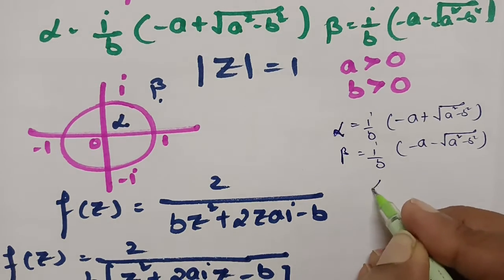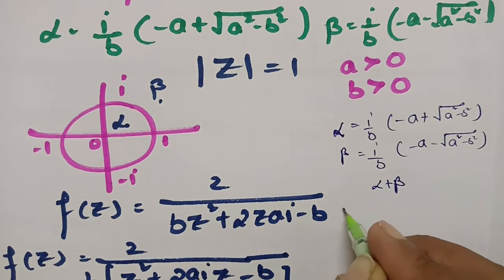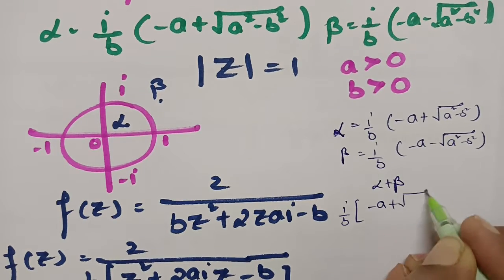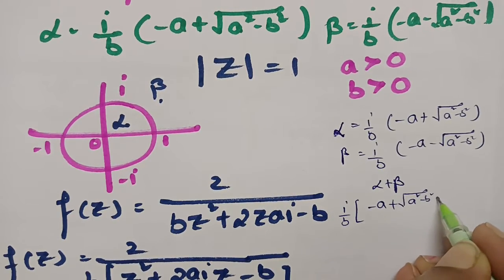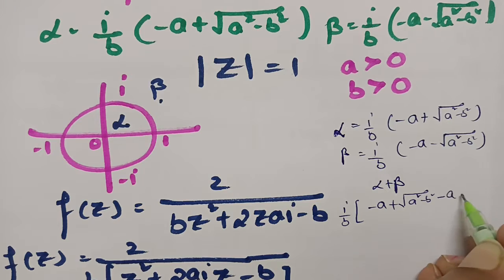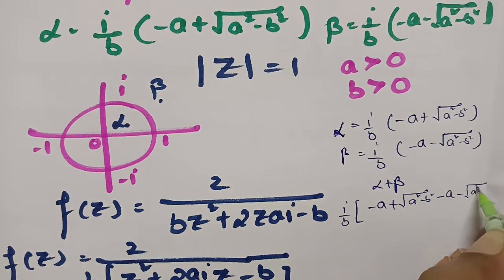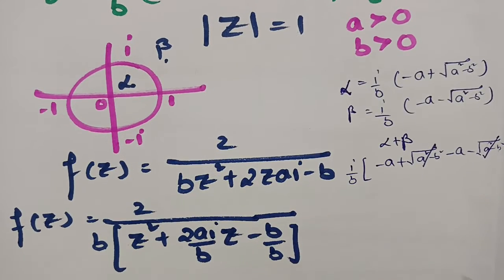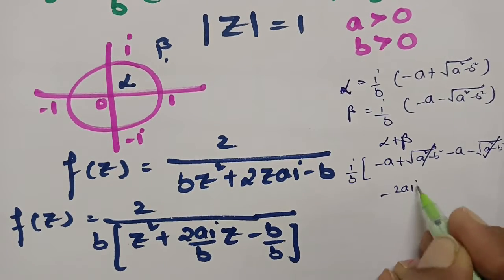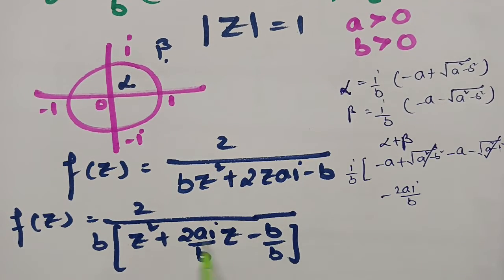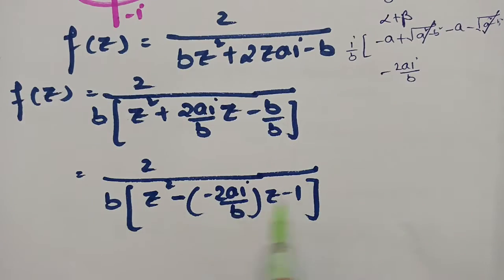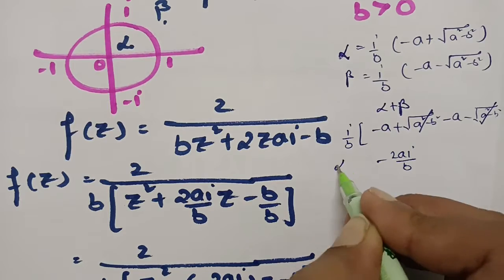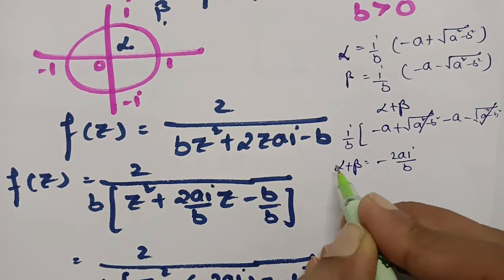So if I add these two, alpha plus beta will be i by b times of minus a plus root over a square minus b square, and minus a minus root over a square minus b square. If I cancel these two, I'll be getting minus 2ai by b. See here, minus 2ai by b. So in place of minus 2ai by b, this value is nothing but alpha plus beta.